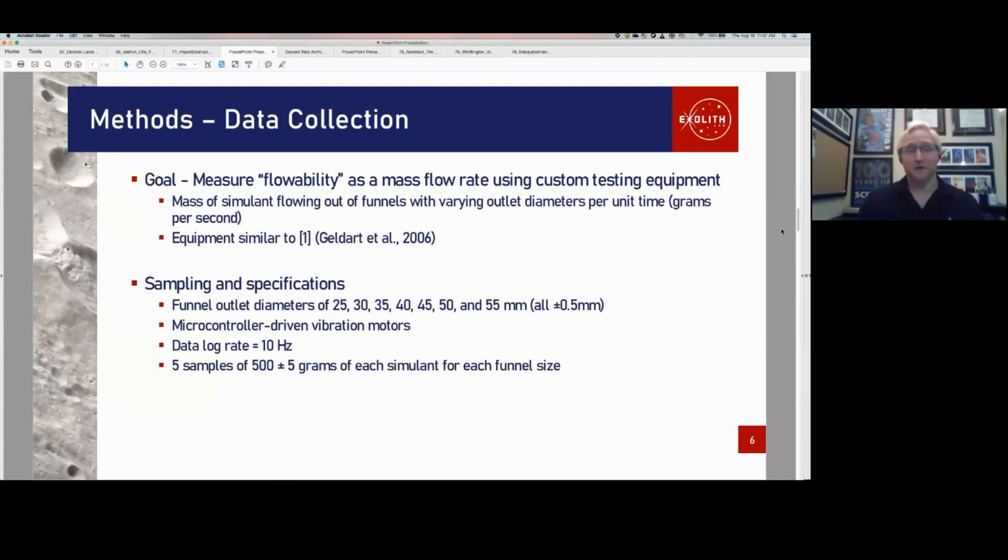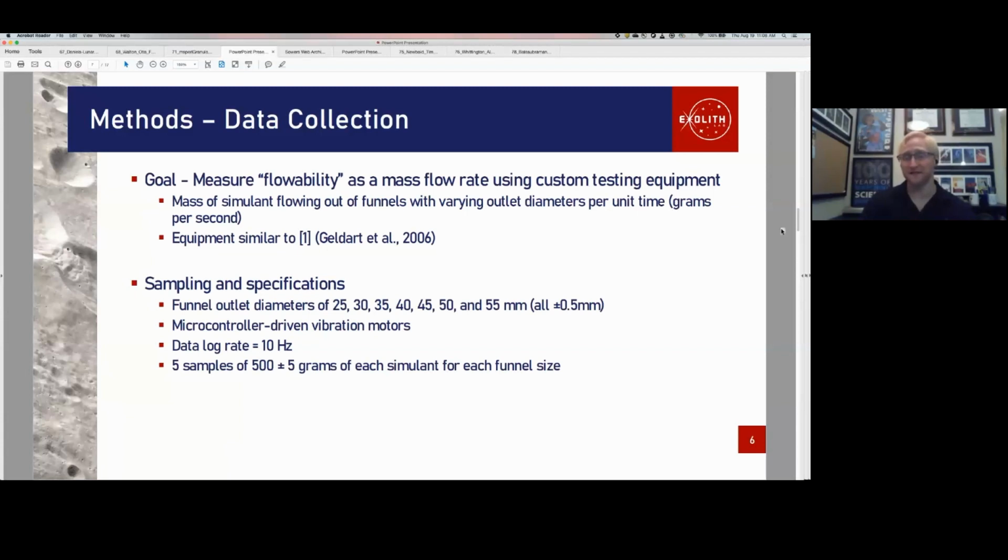Next slide, please. So, the goal of this study was to quantify and statistically compare mass flow rates of these two simulants in terms of grams per second. To do this, we used funnels of varying outlet diameter but identical wall angle, and we measured the flow rate at which a massive simulant exits these funnels. The funnels used here have diameters of 25 through 55 millimeters, and all of these diameters are within half a millimeter of their desired size.